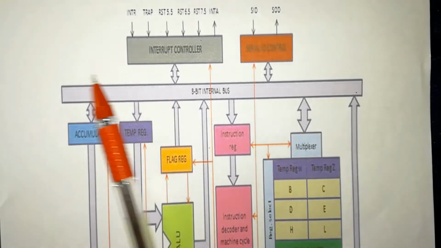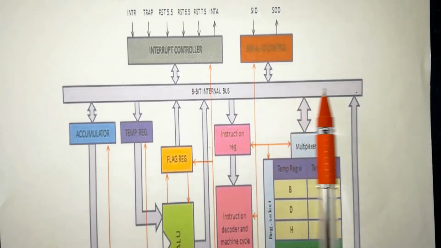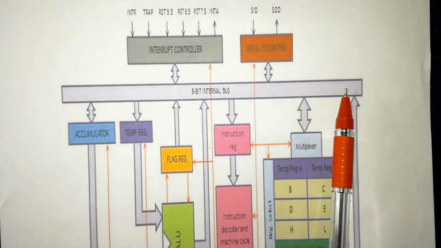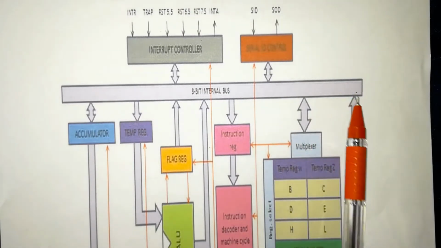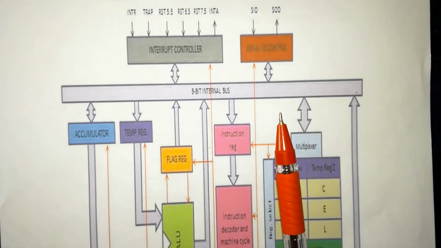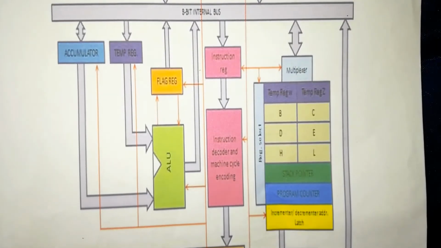Here in the figure, this is 8-bit internal data bus. That means this bus is of 8 bits and which can carry data. Another bus is control bus and next is address bus. So on address bus, address will be carried.